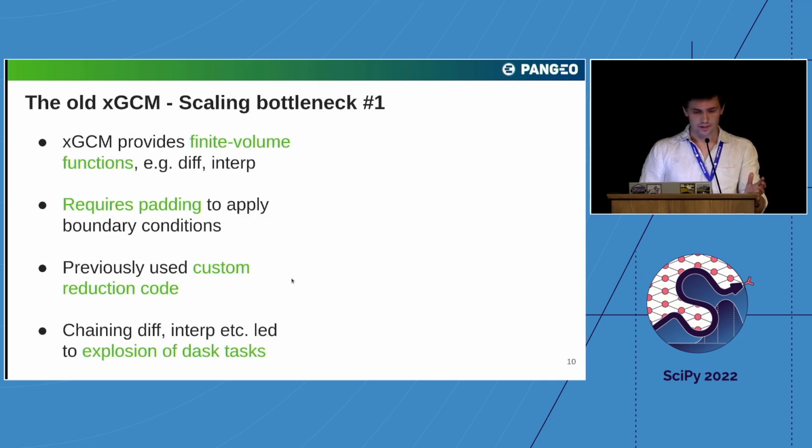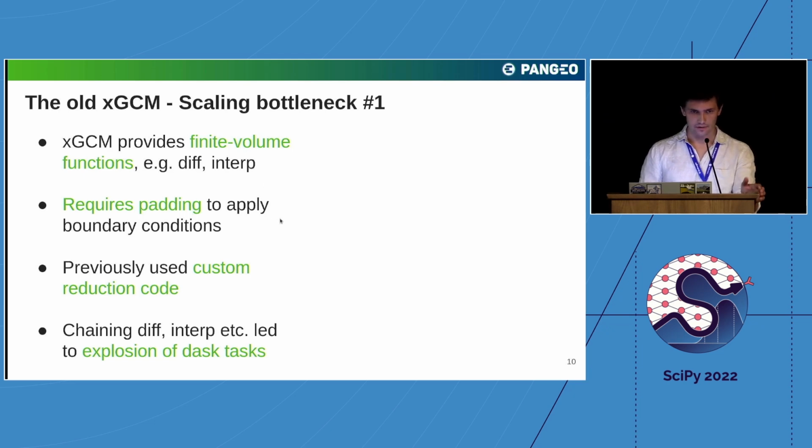The problem is that XGCM in its original implementation was very inefficient from a scaling point of view. XGCM provides you with finite volume operations like differencing and interpolation, which you can do along particular axes.